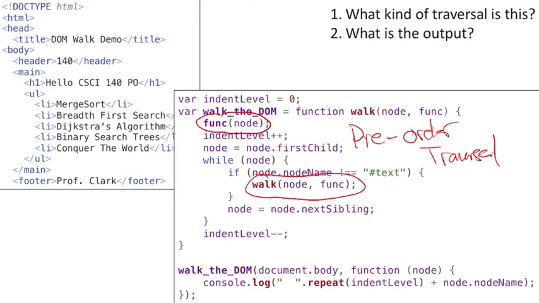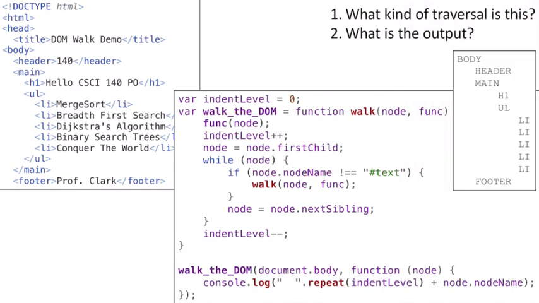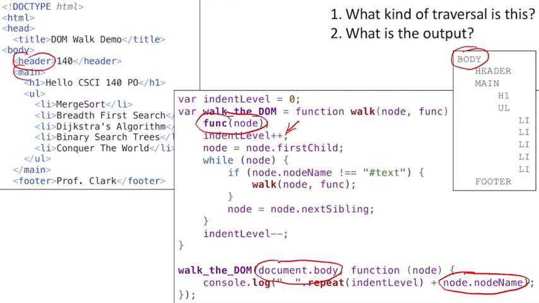What is the output? For anybody who's not familiar with HTML, this might be a little tricky. But essentially, if I pass in the body node, the first thing I do is call the function on it, which means I'm just going to print off the node name. So I'm going to get body, and then I increment the indentation level, and then I look at the children of the body, which would be the header and the main node, just those two nodes.